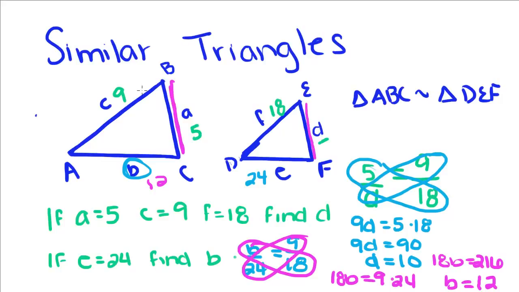And I'm going to go back to the big triangle and put this side over this side of the little triangle. Now we could do the opposite and have the little triangle over the big triangle. It doesn't matter as long as we keep it consistent.